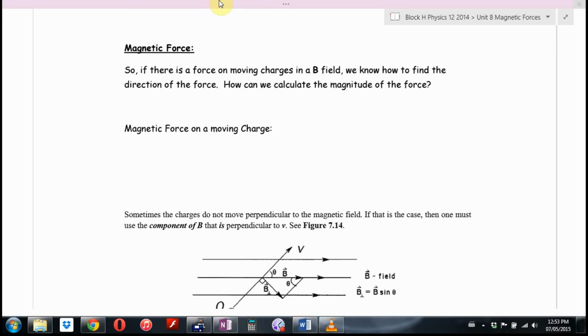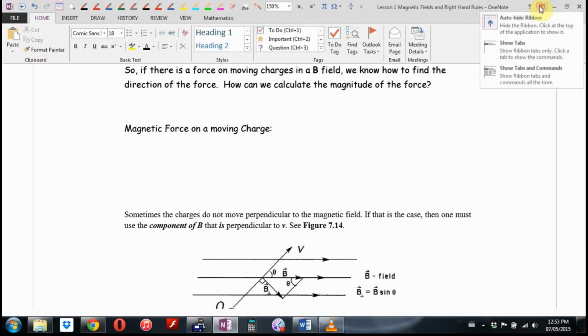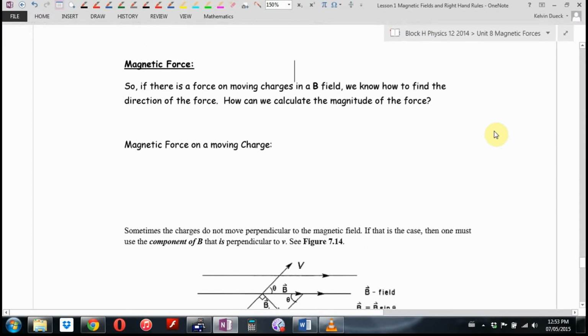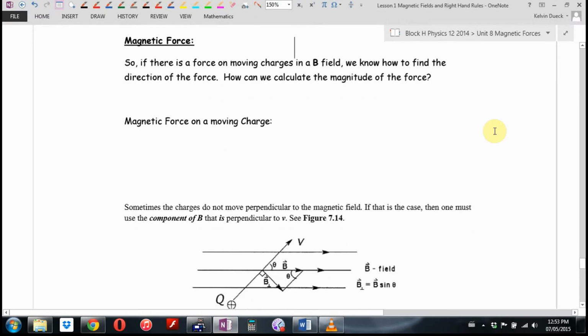It turns out that the force on a moving charge depends on three things. I usually call this FB for magnetic force, as opposed to FG for gravitational force, or FF for frictional force, or FN for normal force.